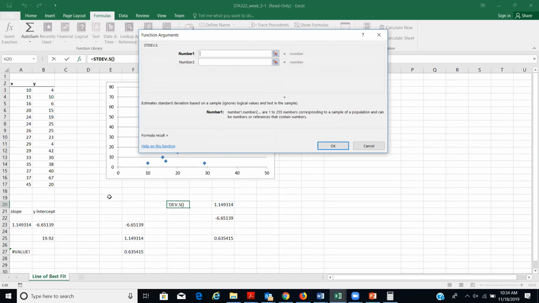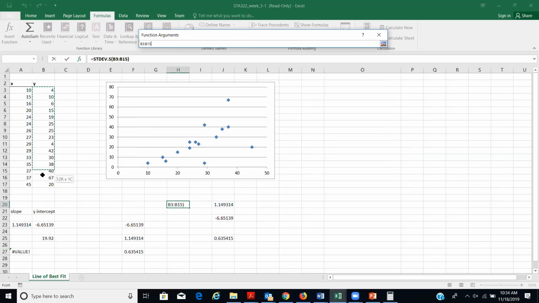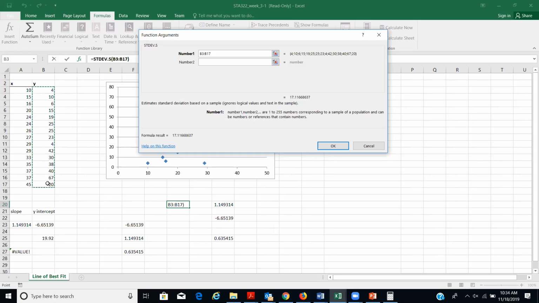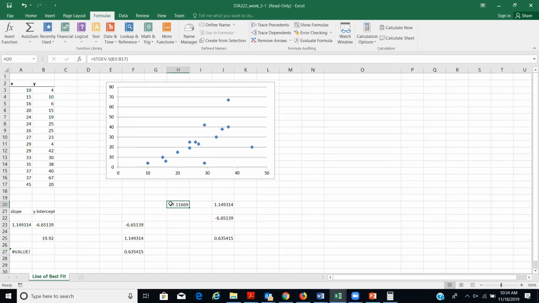It gets above that, use Excel. That's why we have it. So again, we highlight the values of y, and here we go. Our formula result is that the standard deviation is 17.12. Call it 17.